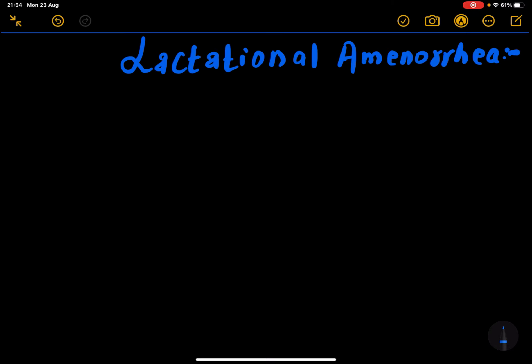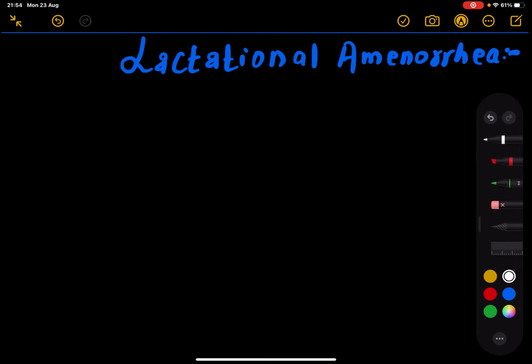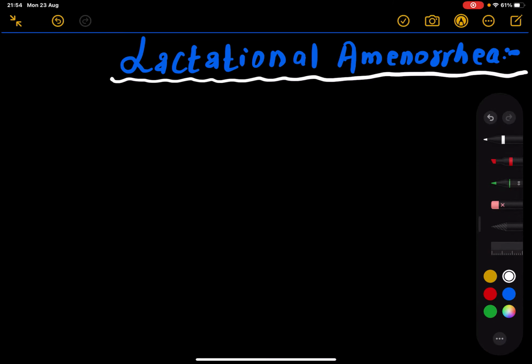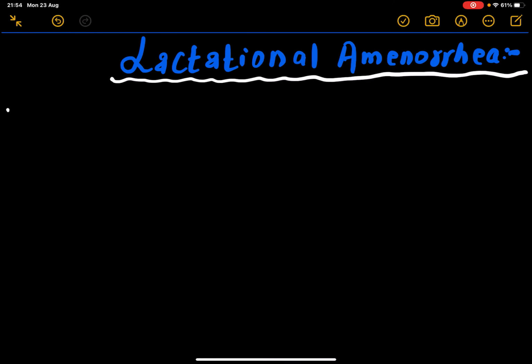Let's begin with lactational amenorrhea. The first point, lactational amenorrhea: during lactation, there is suppression of ovulation. It's called lactational amenorrhea because when there is no ovulation, there will be no menstrual cycle.